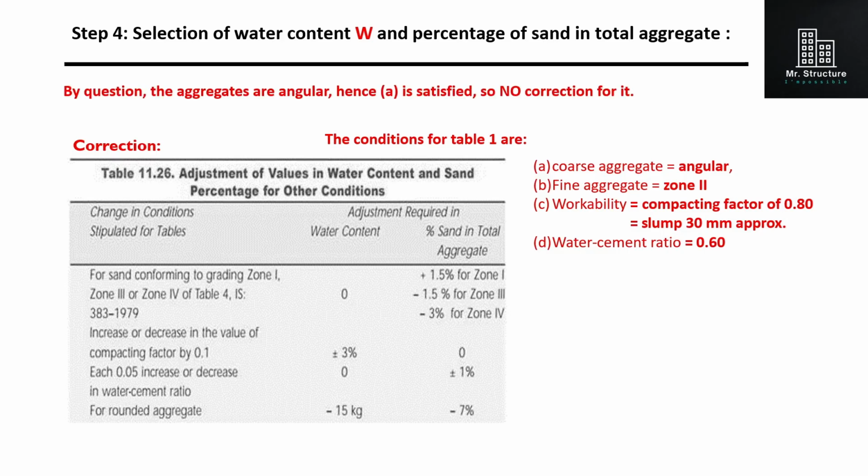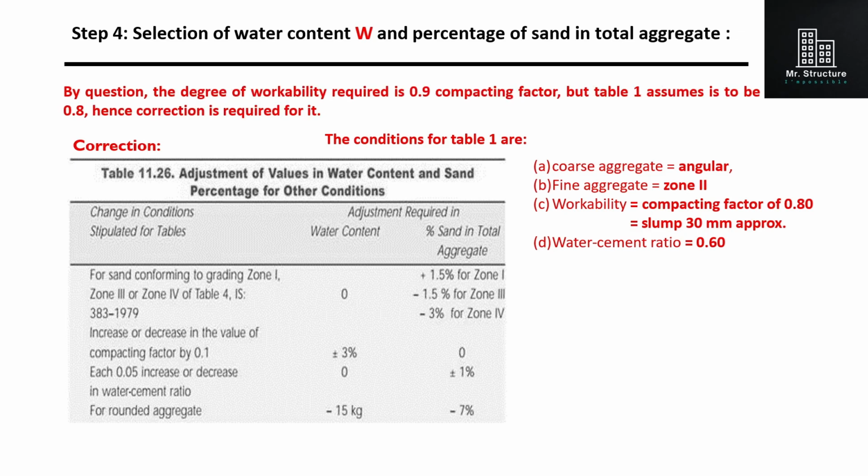By question, the aggregates are angular, hence condition A is satisfied, so no correction for it. Similarly, by question, the fine aggregates conform to zone 3rd, but table 1 assumes it to be of zone 2nd, hence correction is needed for it.